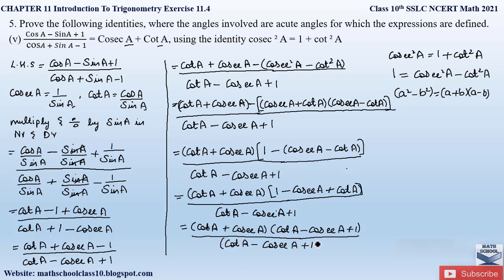So in this numerator and denominator, cot A minus cosecant A plus 1 is the same, so we can cancel out this term. Therefore our final answer will be what? Cosecant A plus cot A. So this is what our right hand side term is, cosecant A plus cot A. So therefore you can write left hand side is equal to right hand side.